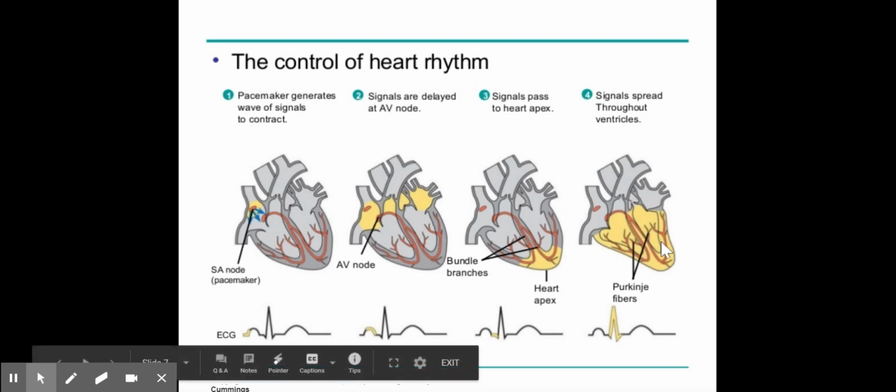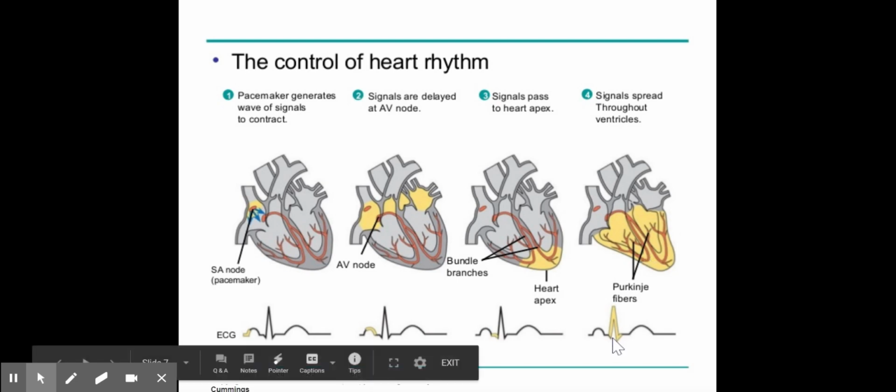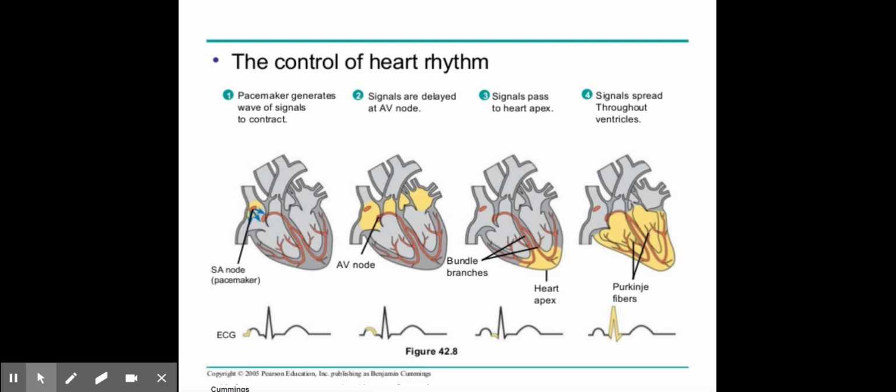And then once it makes it to those Purkinje fibers, that's that R wave, that huge wave that goes upwards. When it peaks back down, we get a little bit of relaxation. And then this little blip is the heart resetting itself, or depolarizing, getting ready to contract again.